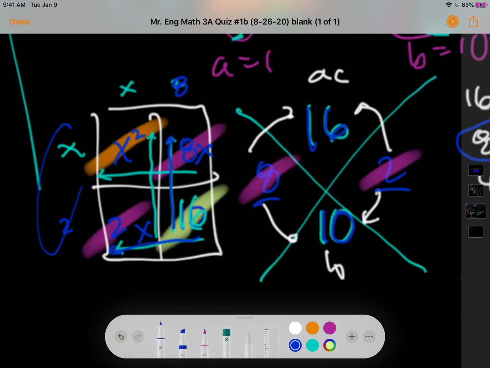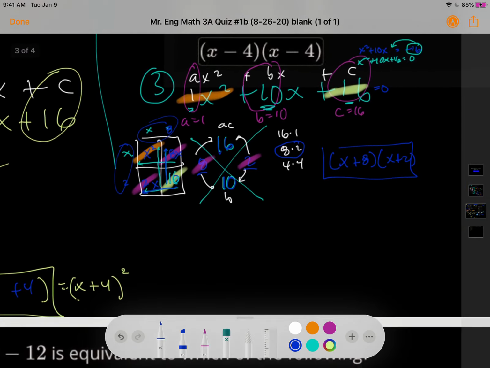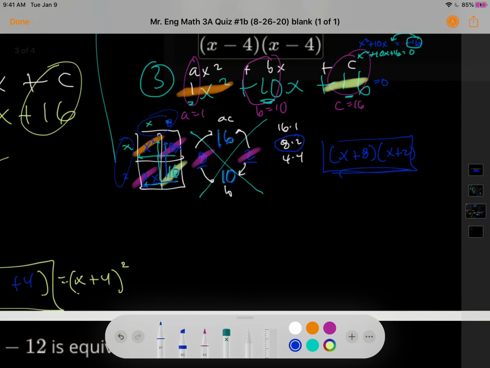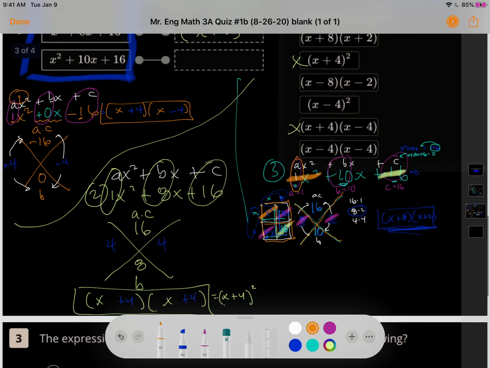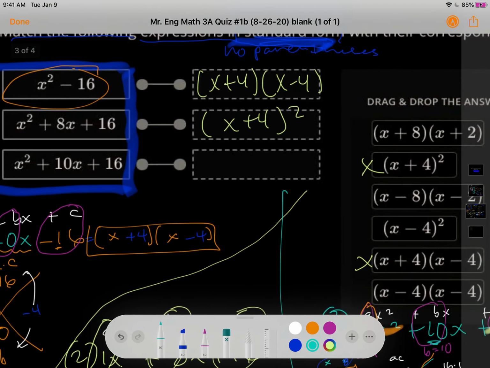So your answers are going to be x plus 2, x plus 8, which you have still. So did you notice that if your a value is equal to 1, all I have to do is just the x. Does it still work if you use the box? It does. And it'll work on the next problem. So that last one, x plus 8, x plus 2.